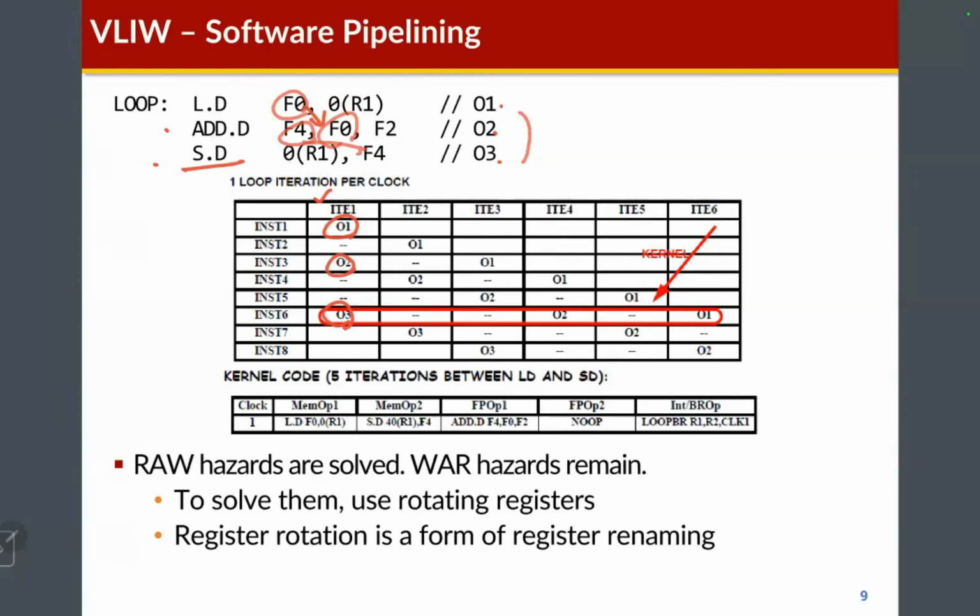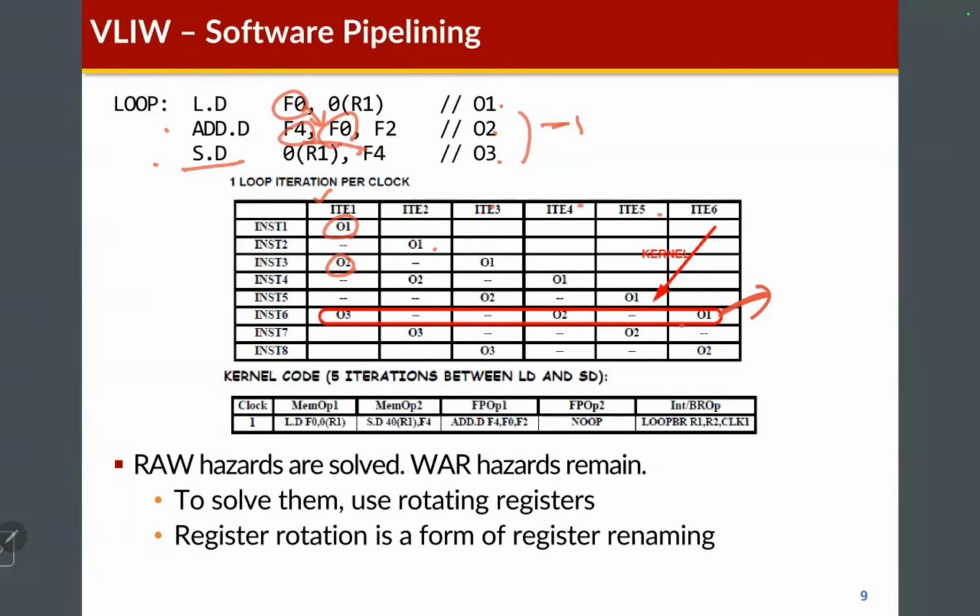So if this loop is repeatedly executed, then we can assign different iterations like this after 1 clock, like here. For this loop, we can find all 3 instructions in one row.